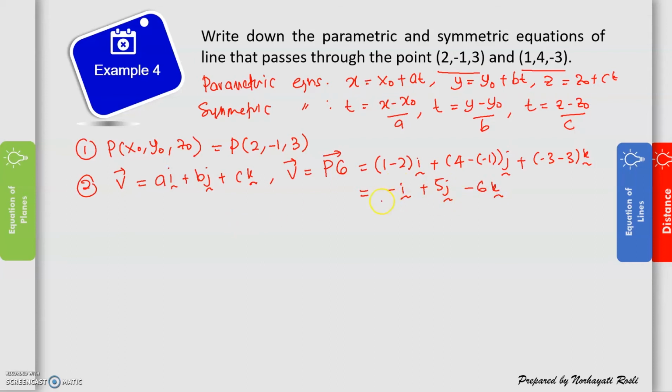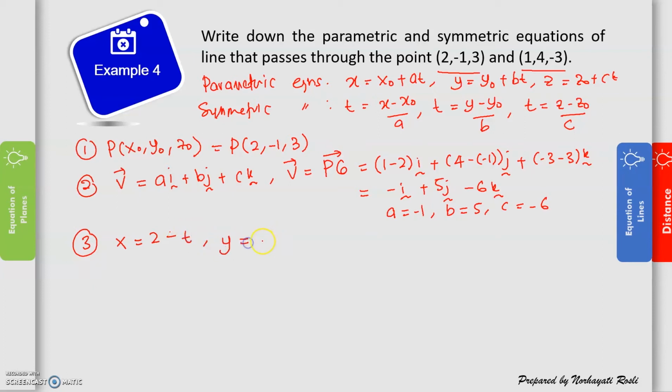It means that a is -1, b is 5, and c is -6. Once we have our point and also our vector v, we substitute into the equation. For the parametric equation, x = 2 plus at, so a is negative 1, so x = 2 - t.